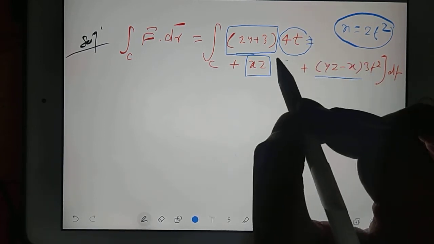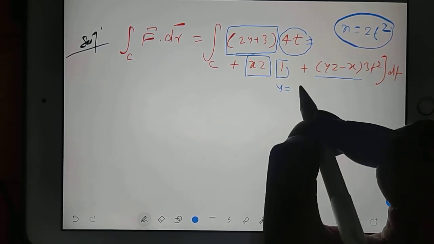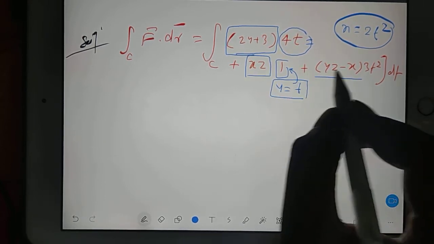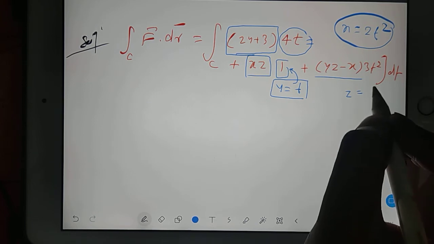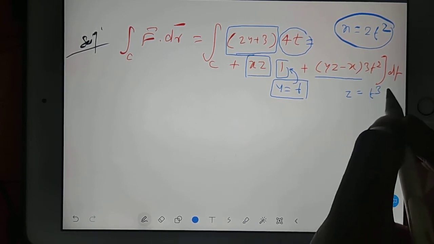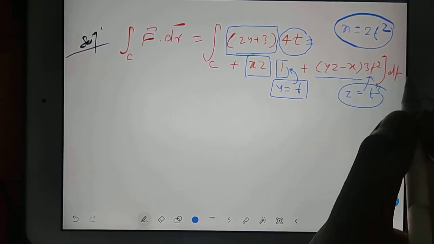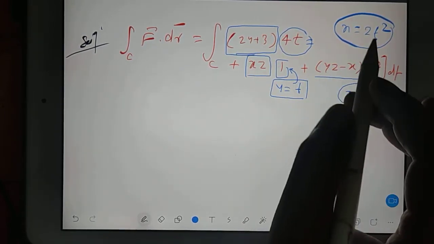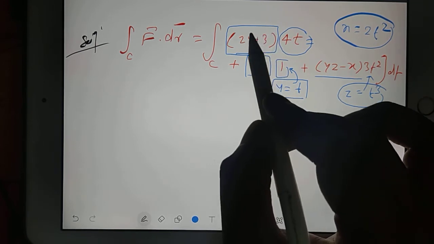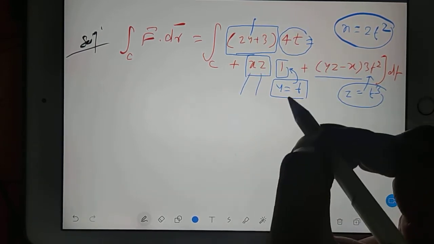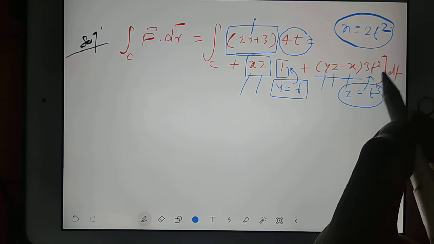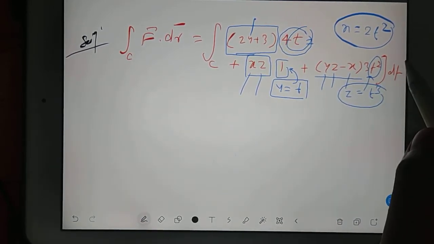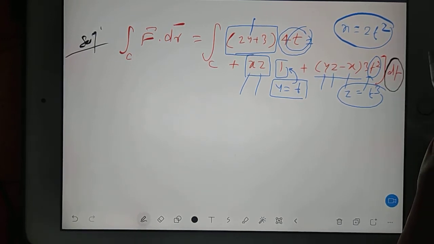The y value is given as t, so differentiate and you get dy by dt. The z value is given as t cube, so differentiate and you get this. Clear. After this, our entire equation is converted into y, x, z form with t outside, and the main logic is you have to integrate with respect to dt.